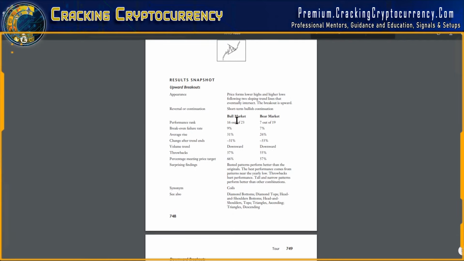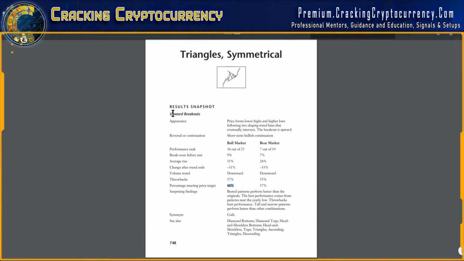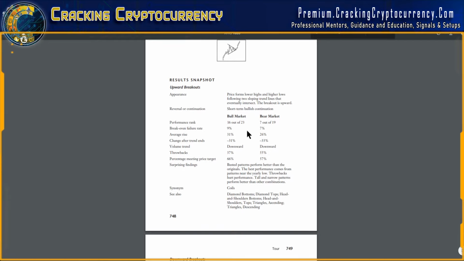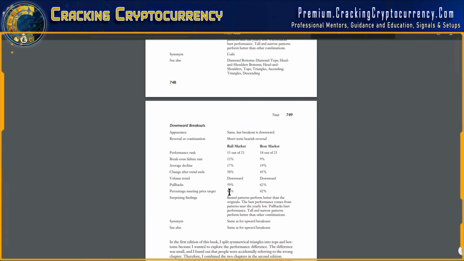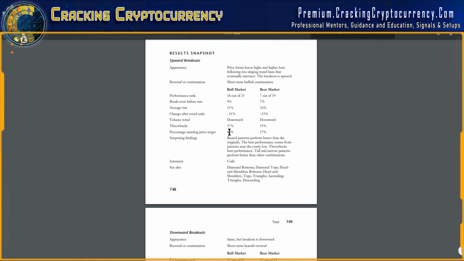All right, so I apologize. So performance rank is 16 out of 23, which is where I actually got that. Percentage meeting price target is 66%, which means symmetrical triangles break to the upside, based on Thomas Bulkowski's research and backtesting, 66% of the time in a bull market, and they break to the upside in a bear market 57% of the time. So I think that we are in a bull market in cryptocurrency, and they break to the downside about 48% in a bull market and 42% in a bear market. So that number is actually 66%.